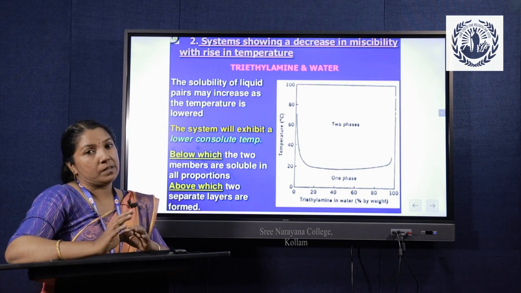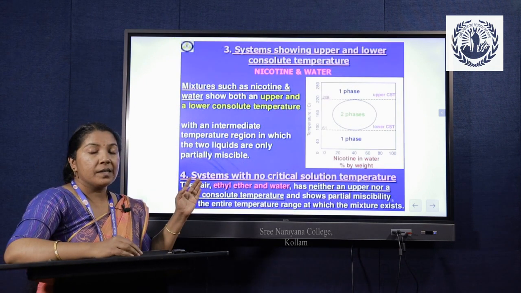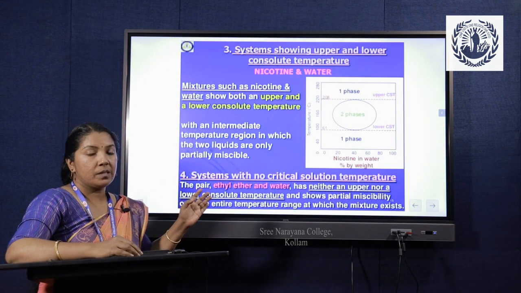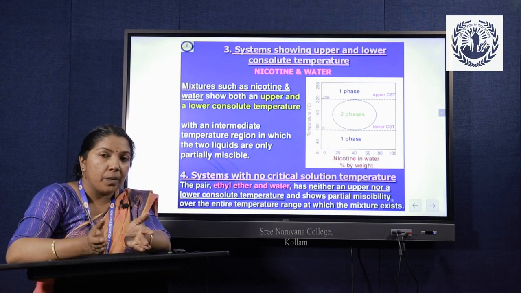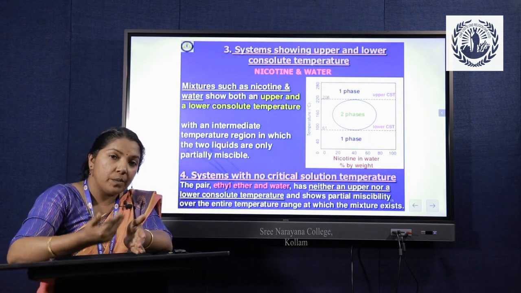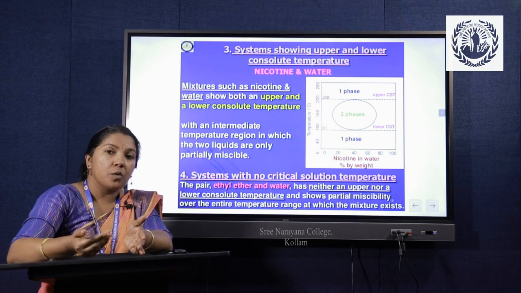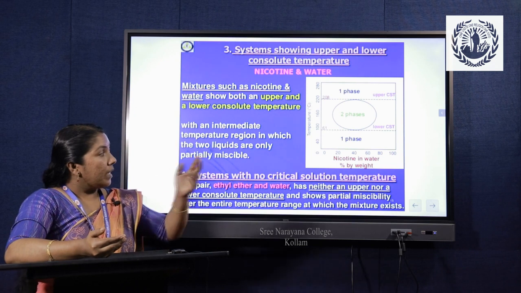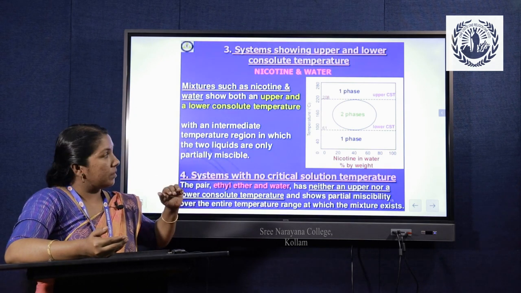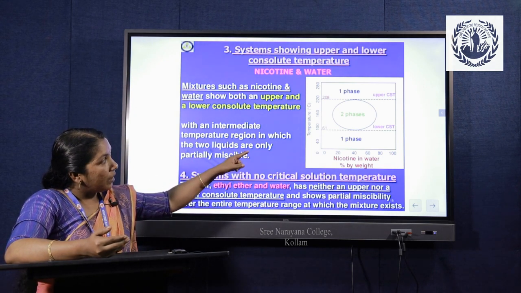So, here we discuss the third type of system. As I said, some combinations show increase of miscibility with increase of temperature, and also with decrease of temperature miscibility increases. Here we have discussed a nicotine water system. Here you can see the graph.